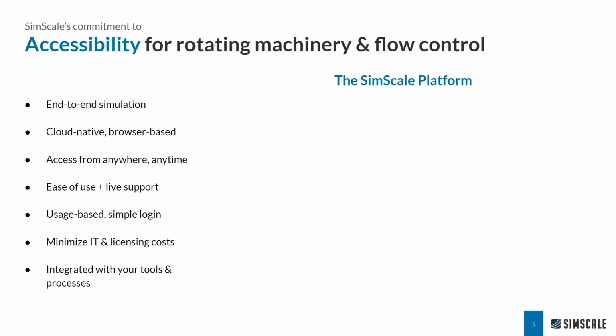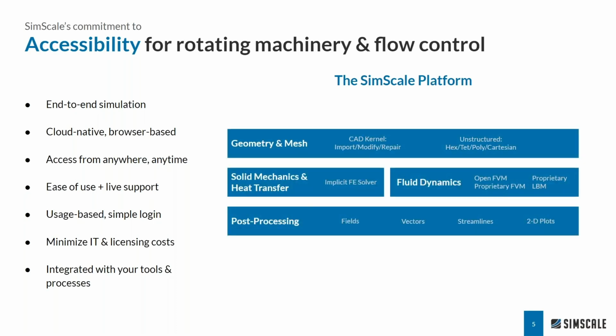Let's take a look at how we do this. So from the beginning, SimScale has been an end-to-end simulation tool with embedded geometry and meshing and different types of physics that you can solve, including solid mechanics, heat transfer, and fluid dynamics, and an inbuilt post-processor.